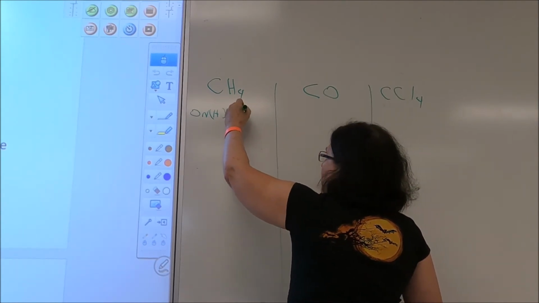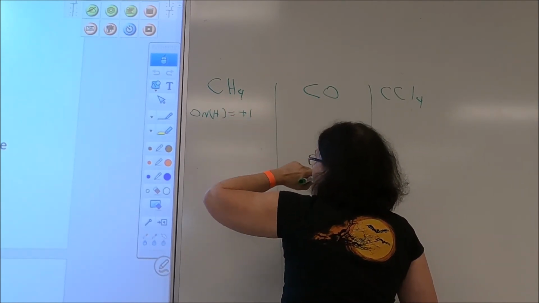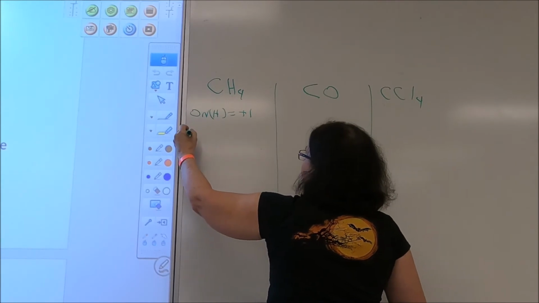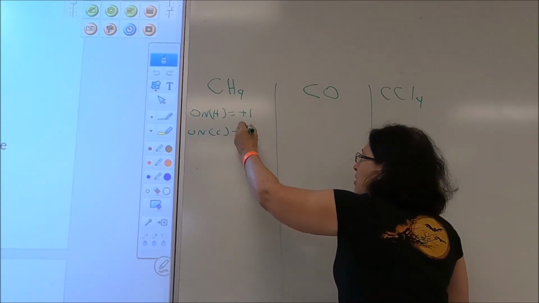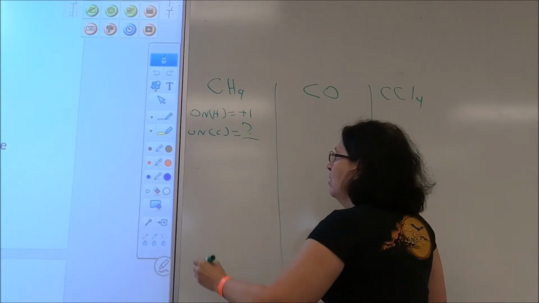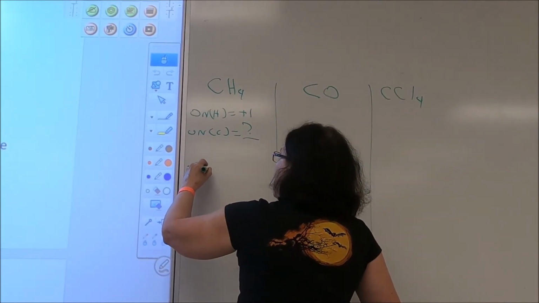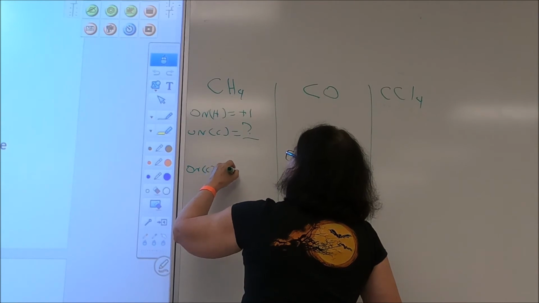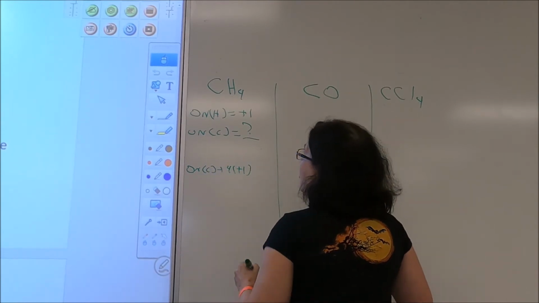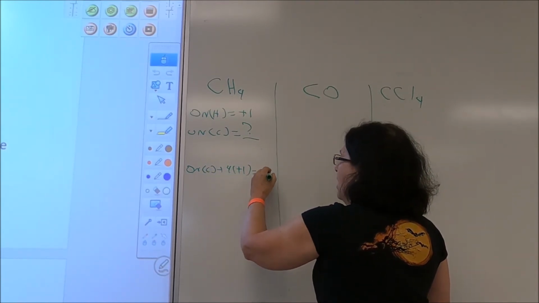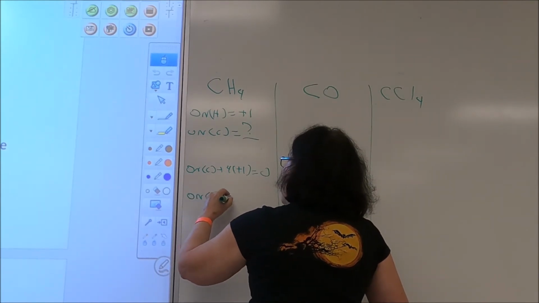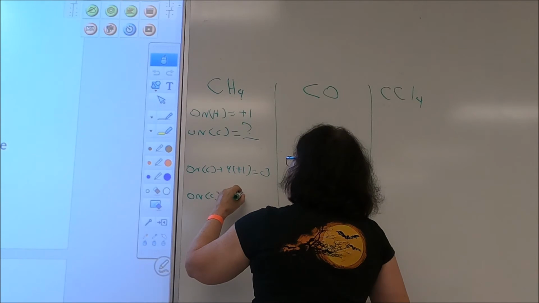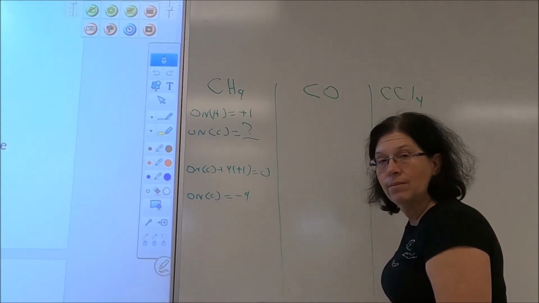Hydrogen's bonded to a nonmetal, so it has an oxidation number of +1. Okay, the oxidation number of carbon here, though, is not covered by any of the rules. So, the oxidation number for carbon plus 4 times a +1, which is the oxidation number for hydrogen, has to sum up to 0. The oxidation number of carbon here then is -4.